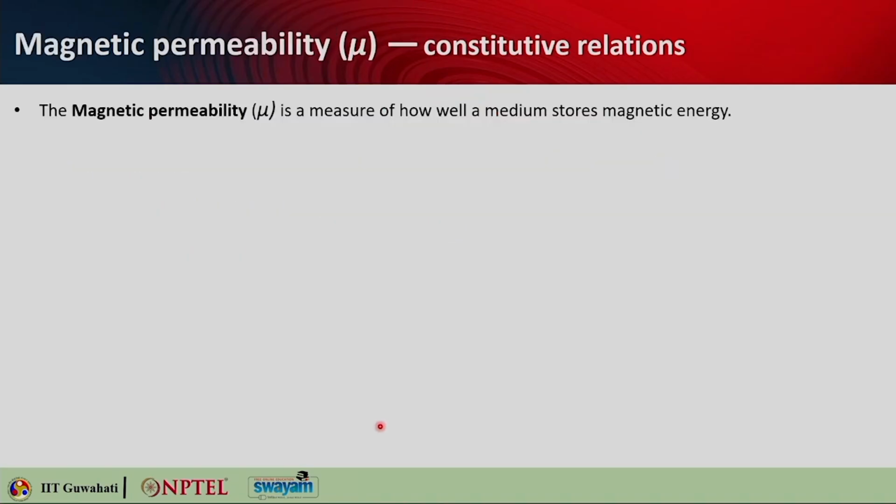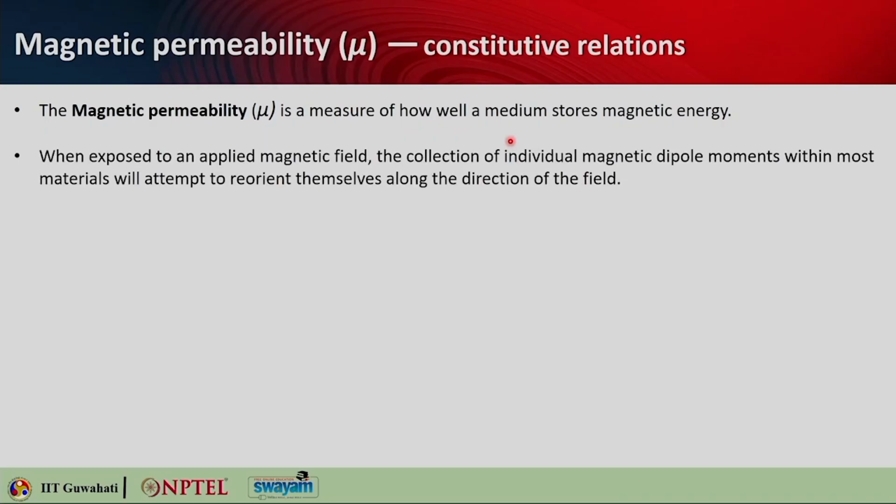Now, inside a material medium, the permittivity is determined by its electrical properties, and permeability is determined by the magnetic properties. Whenever you say permeability, that is mu, it is a measure of how well a medium stores magnetic energy.